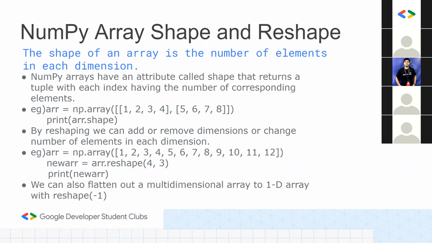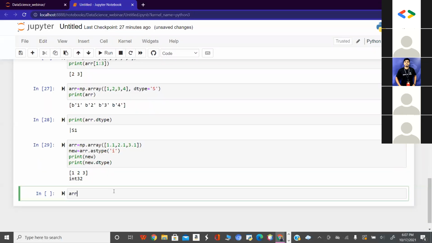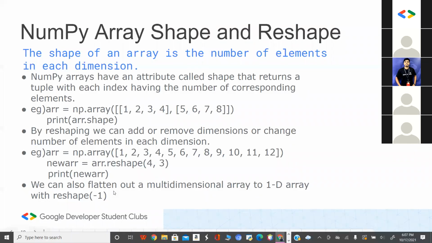Array is equal to NumPy array, and we have a two-dimensional array here. And let's test what this example gives us. We have taken 1, 2, 3. Okay.